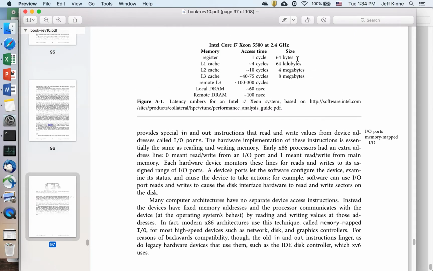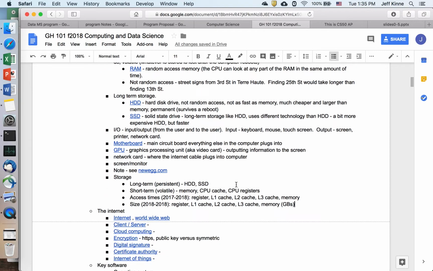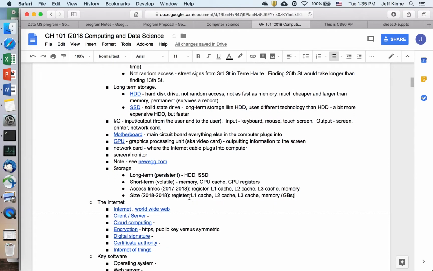And then on the other side, on a CPU, when it's actually adding numbers or dealing with numbers directly, that's on the CPU chip itself. It's in something called a register. And according to this, there's maybe 64 bytes of that on this particular chip. So this is 64 bytes.